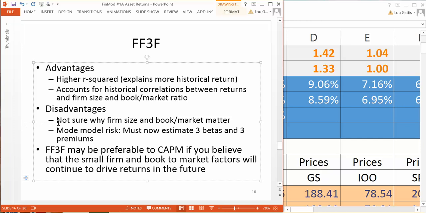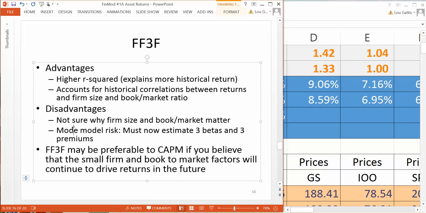The disadvantage of Fama-French is we're not exactly sure why size matters and why book to market matters. So the theory is a little bit iffy as far as why this matters. We're just going to use it because it does exist.